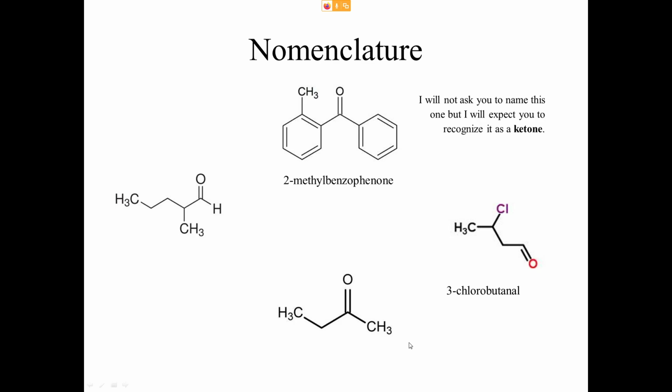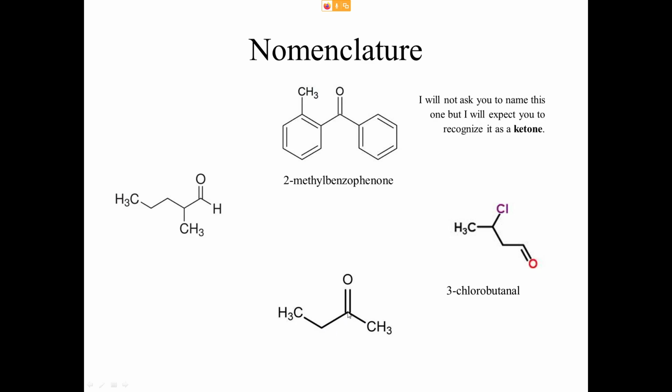Okay, how about the one at the bottom? First, identify your highest priority thing. The carbonyl is the highest priority thing, and in this case it is a ketone because there's no H left on here. So this carbon must be in the main chain.